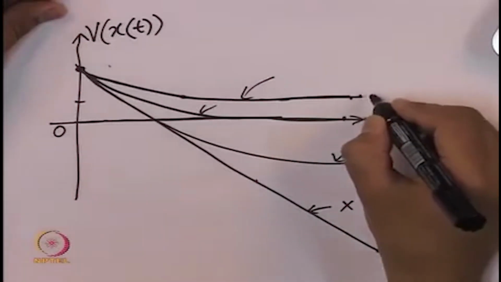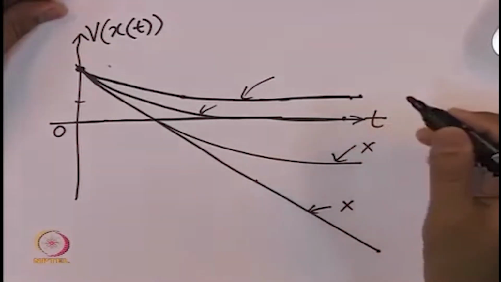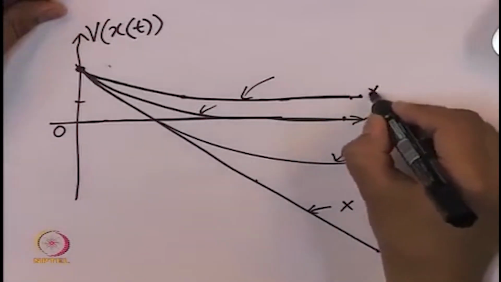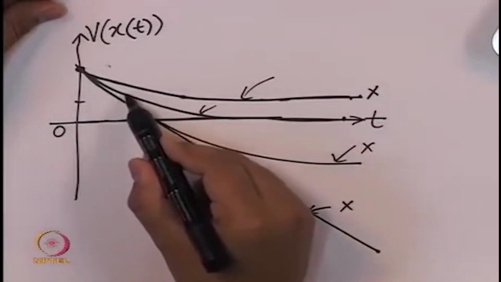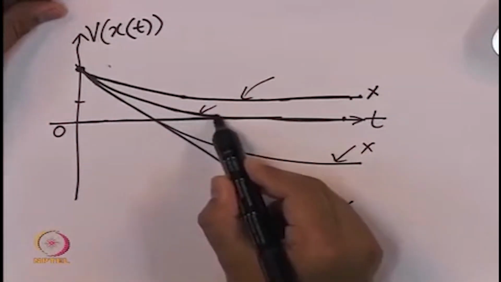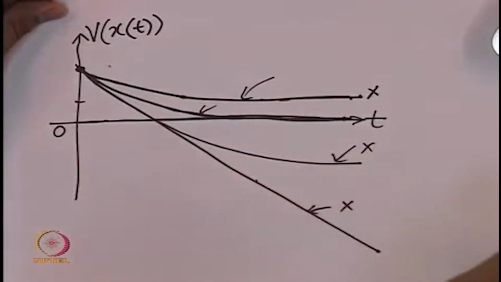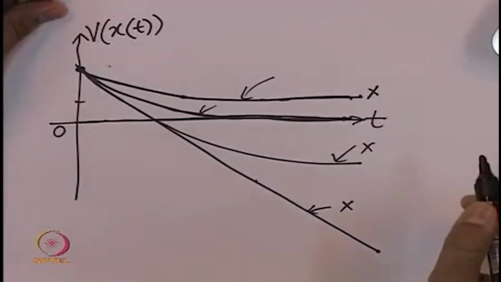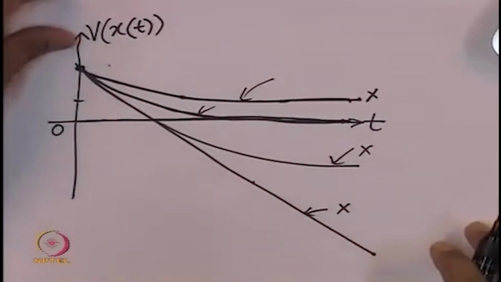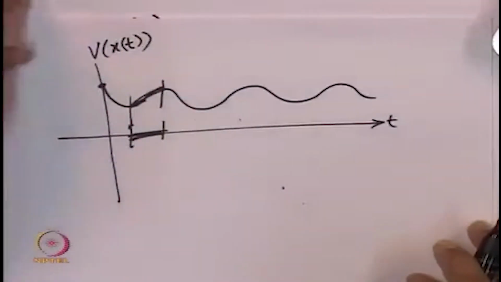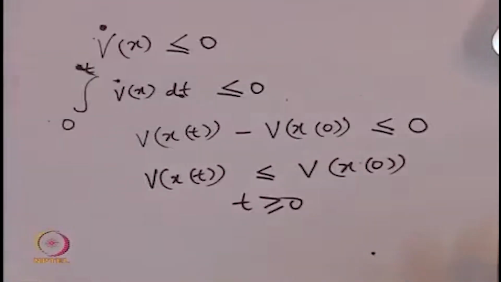So we are going to use the various properties of v to rule out this also, so that for each initial condition v of x tends to 0 as t tends to infinity, and this can happen only when x tends to 0. So this is what is to be shown to prove that it is asymptotically stable.